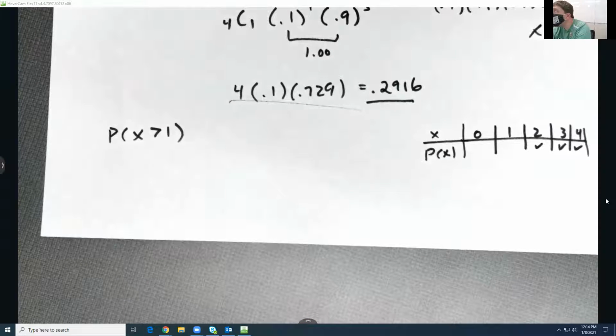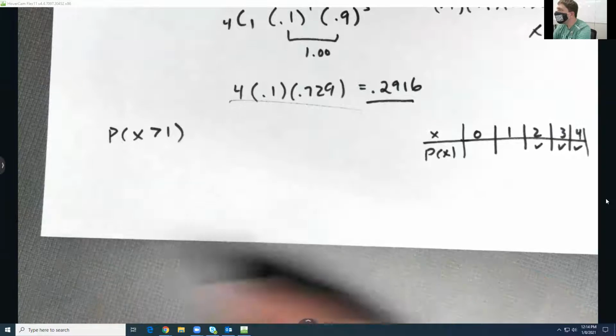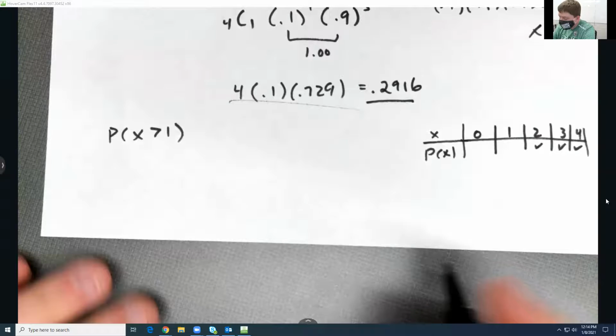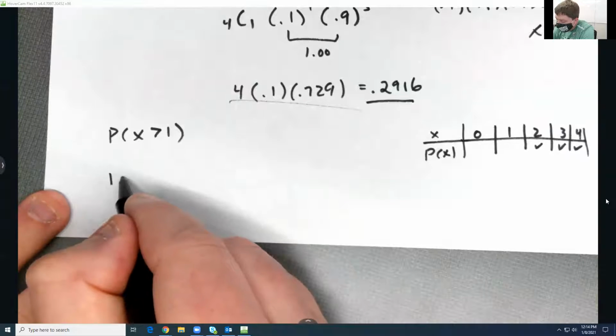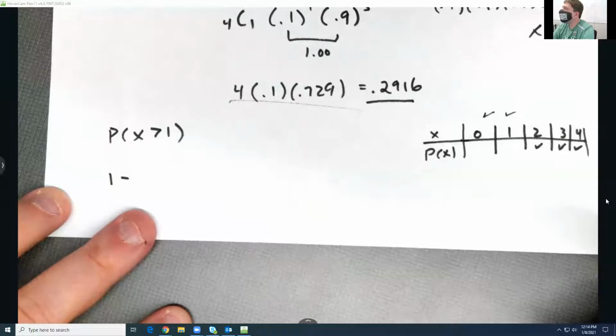Now, what I can do is add all 3 of those up individually and get the answer. It's way more tedious than it needs to be, but that is one way to do it. You could sit there and do probability x equals 2 plus probability x equals 3 plus probability x equals 4. Add them all up, you're good to go. Another way that's a smidge easier is to just do 1 minus and then take away the things you don't care about. I don't care about these 2.